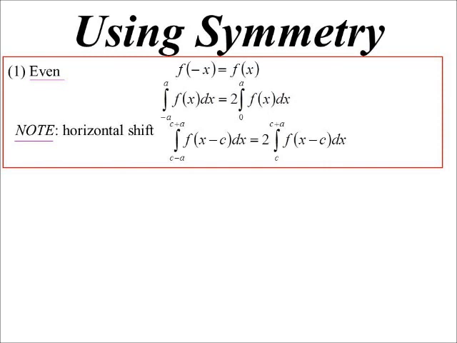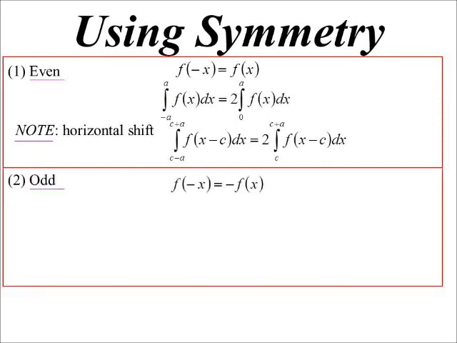Is that going to be useful? I guess it depends what the numbers are, how easy c and c + a are to substitute in. Could be useful for trig functions, I suppose, because if you shifted it across, you might be able to substitute in a pi on 2, which gives me 0 or something like that. But anyway, will you use it? Who knows? But it's there. That idea is there. Obviously the even part is important.